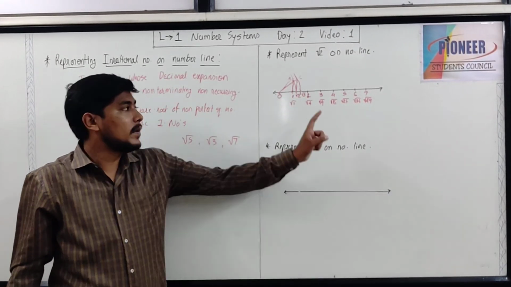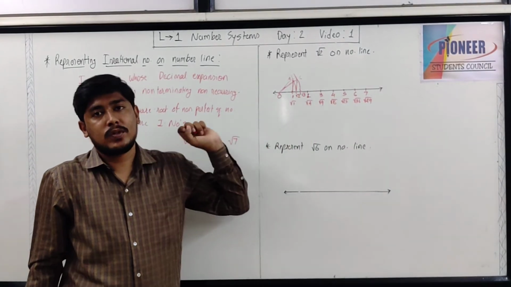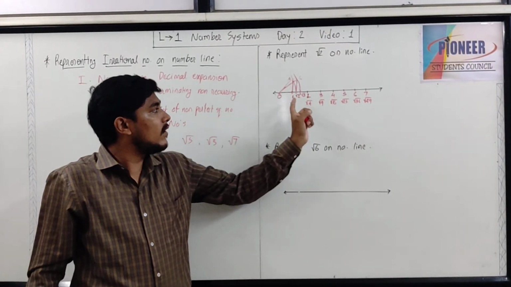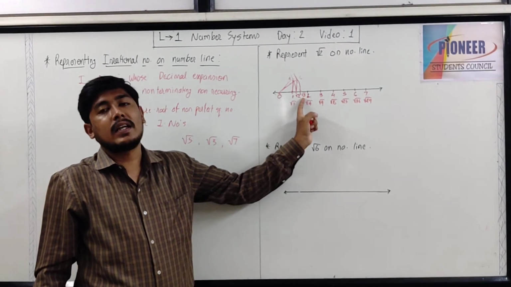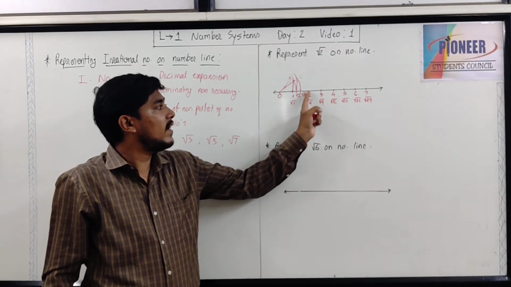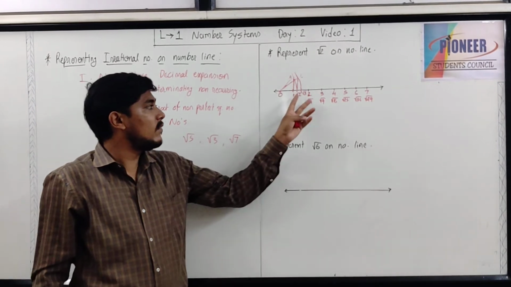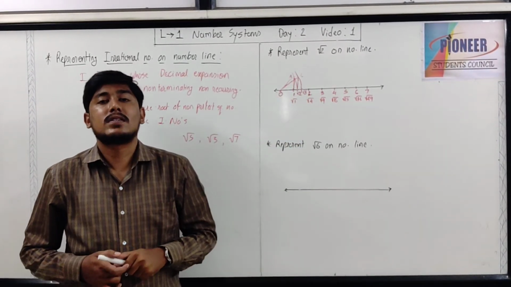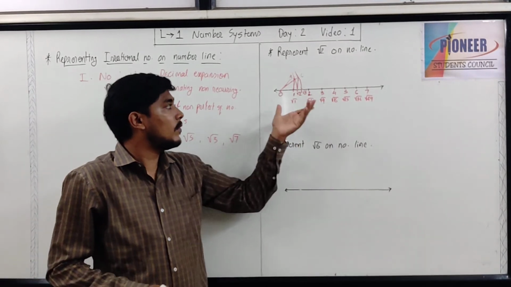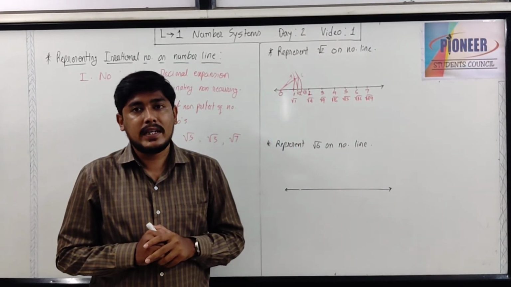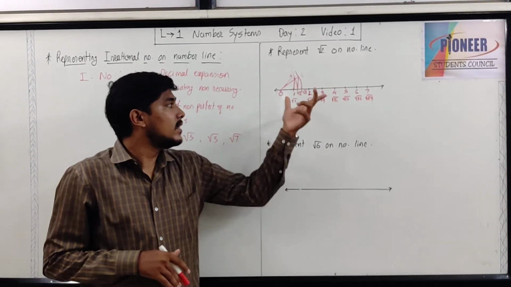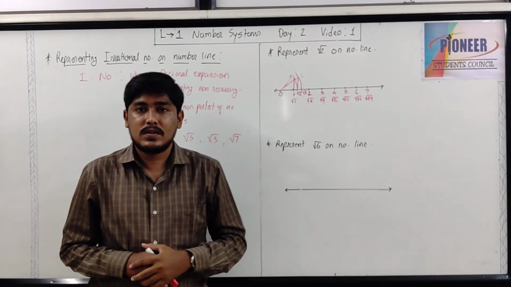Now after root 3 there is the value of root 4, which we have already represented as the point number 2. So this is how we will represent such irrational numbers on the number line. Okay guys, I hope you understand the construction of these root values.